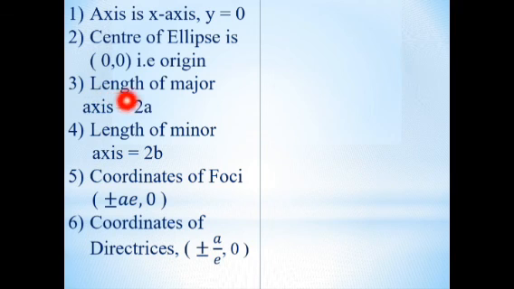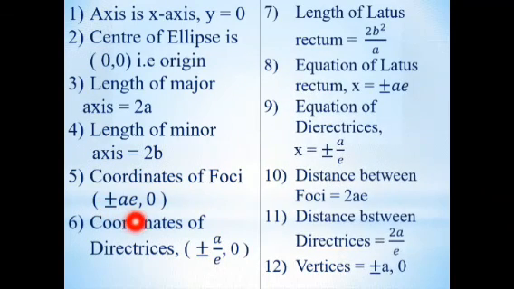What is the length of the major axis? 2a. And the length of the minor axis is 2b. Coordinates of foci are plus or minus ae, 0. The coordinates of directrices are plus or minus a by e, 0.